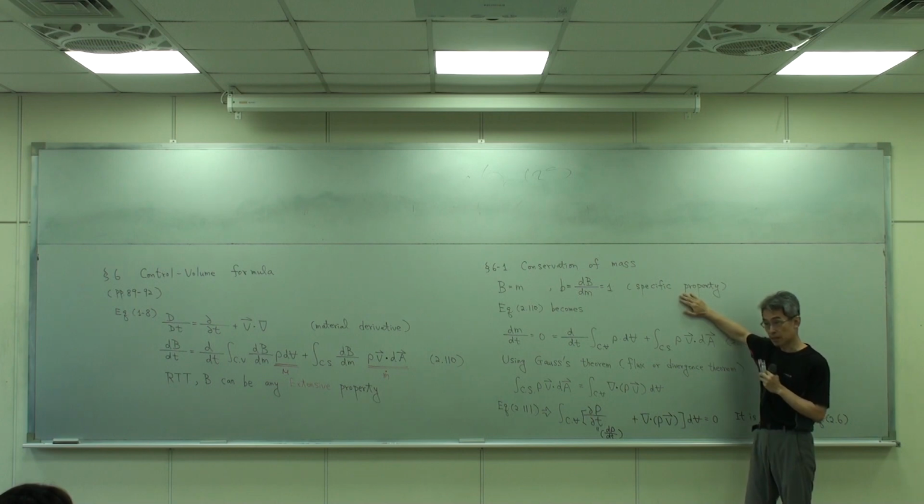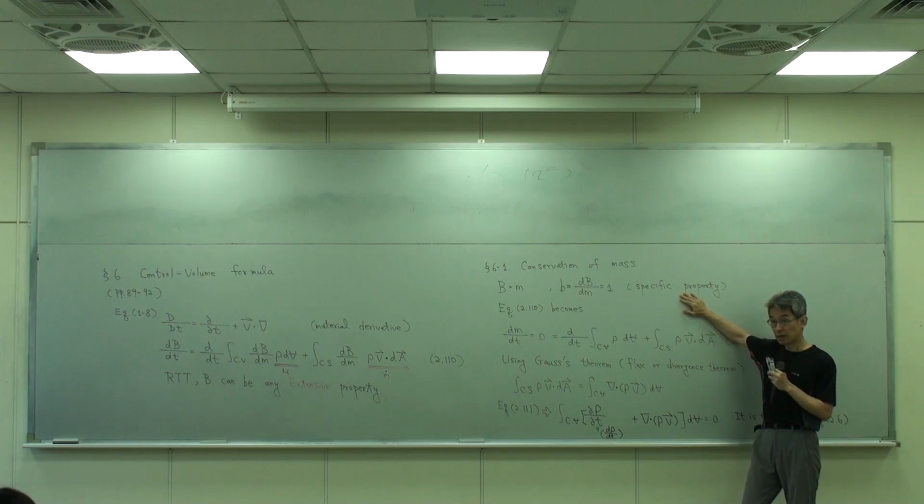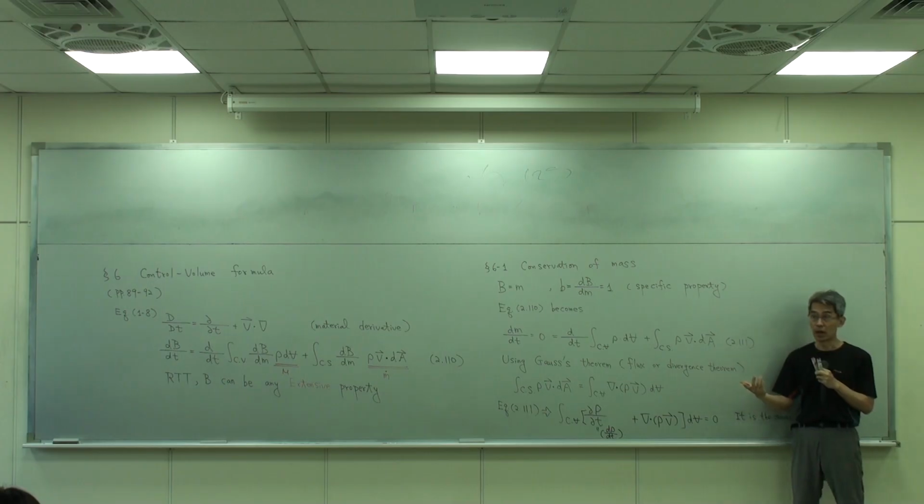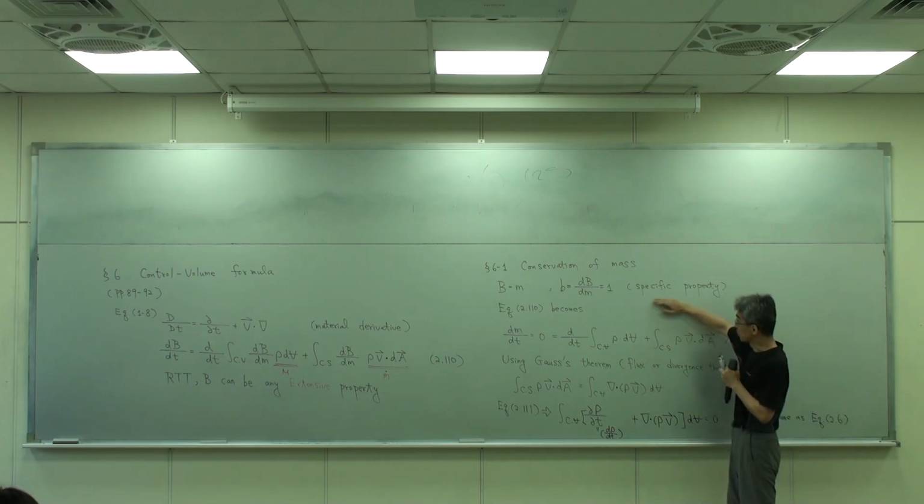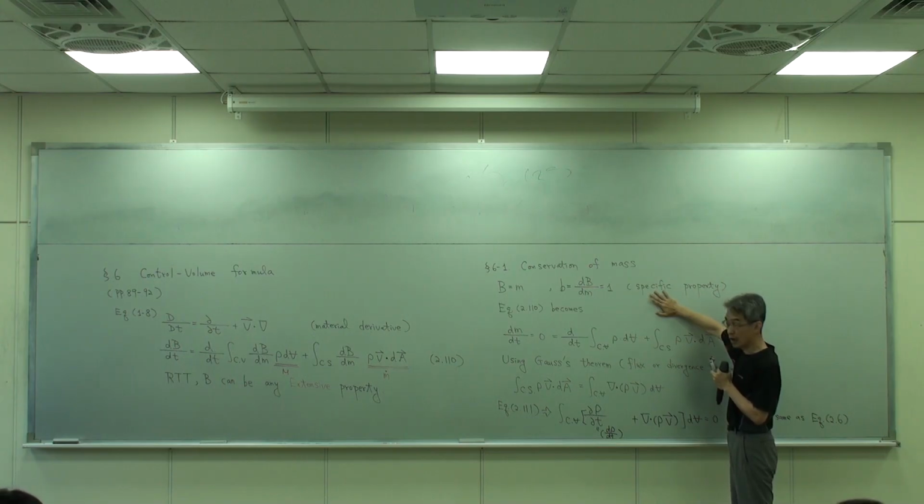In thermodynamics, usually you will have these properties, for example internal energy and maybe enthalpy. Because per unit mass, how much they represent, that will be related to the specific property. So for the mass conservation, this specific property becomes 1.